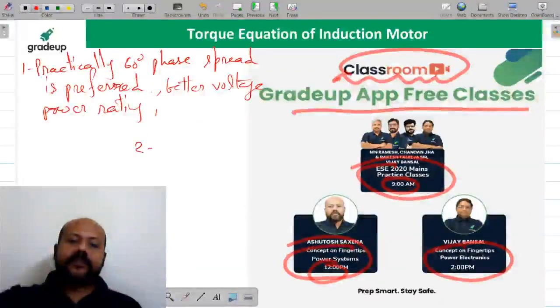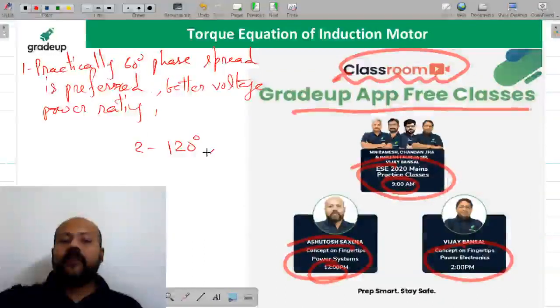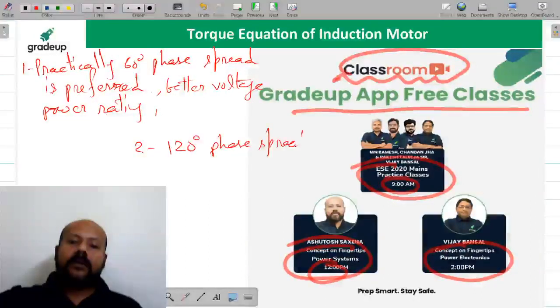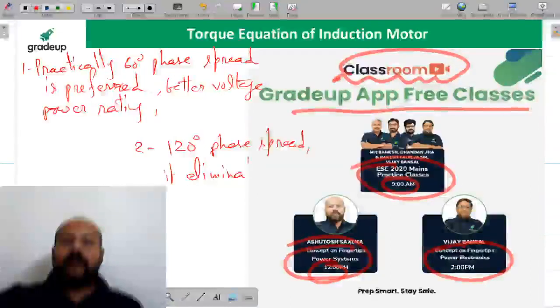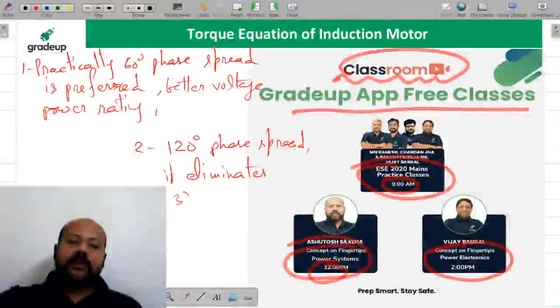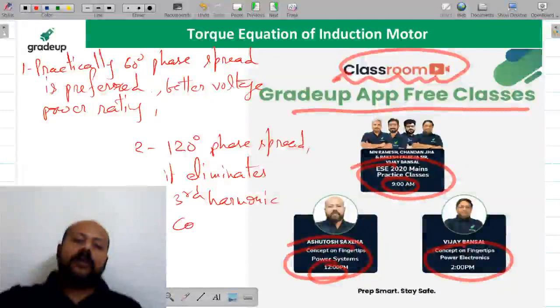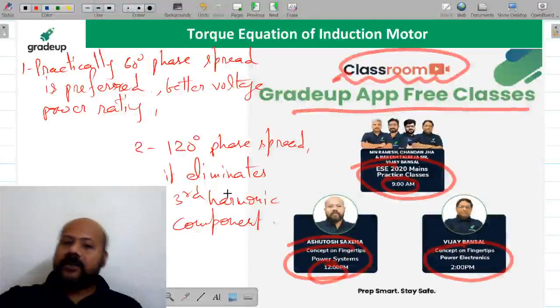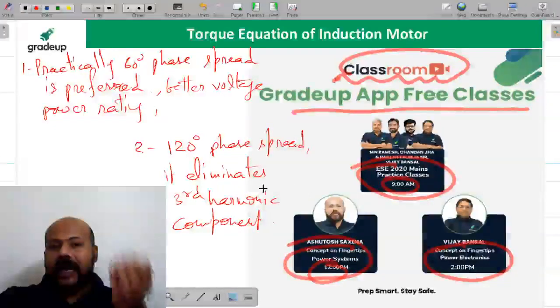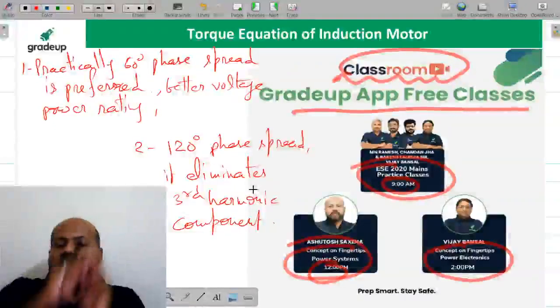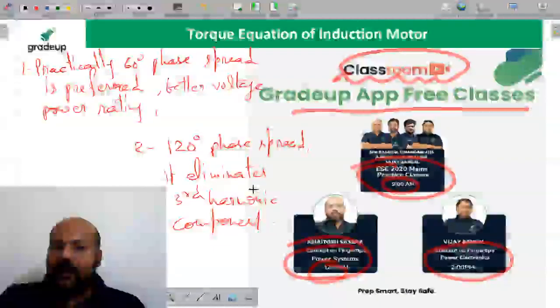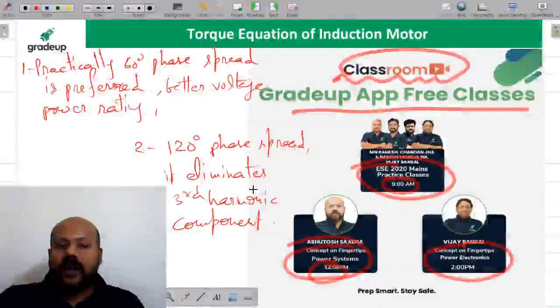But the important point about the 120 degree phase spread is that it eliminates the third harmonic component. Okay, you must have read that in synchronous machine. The basic purpose of distributed windings and short pitching the coil is nothing but the reduction of the harmonics.